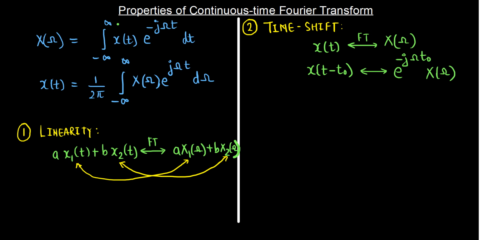That means if we shift a signal in time domain by certain units, say t0, then the Fourier transform is going to be scaled by the factor of e power minus j omega times this t0. This t0 is the amount of shift that x of t has gone through.